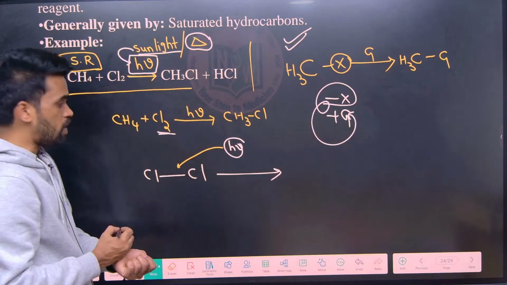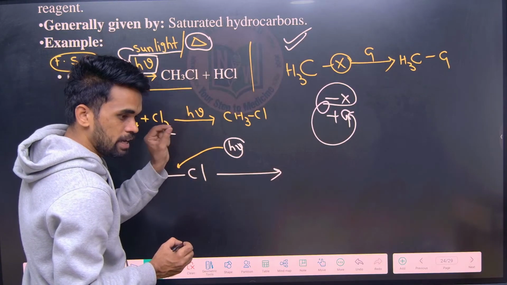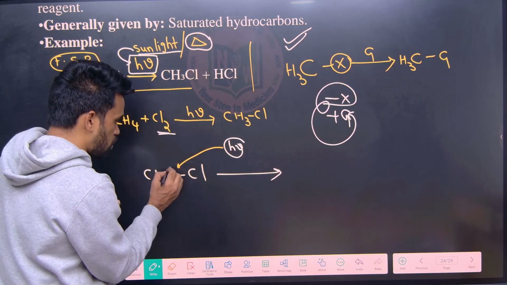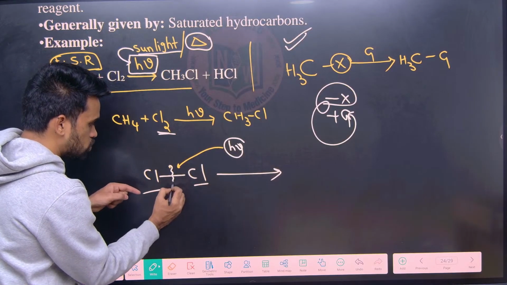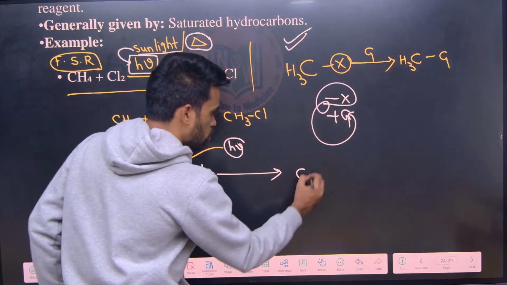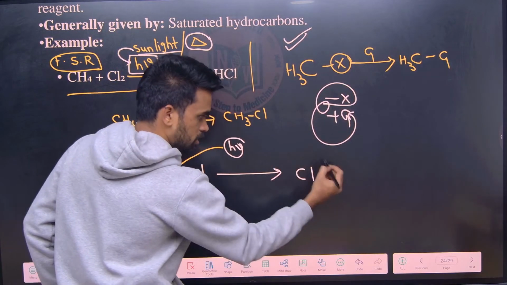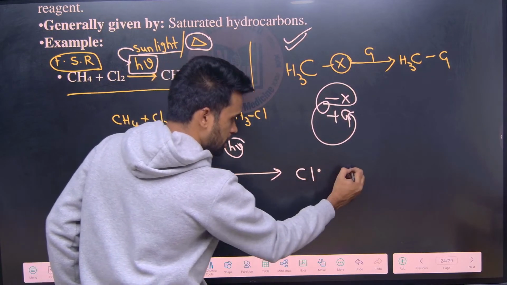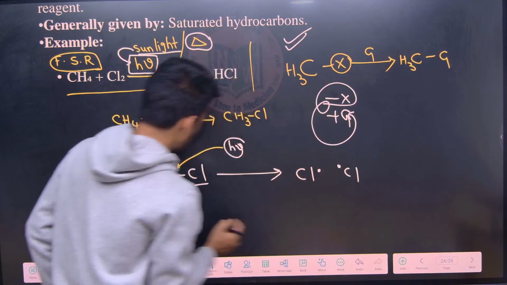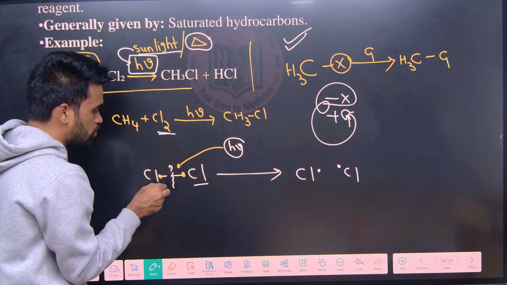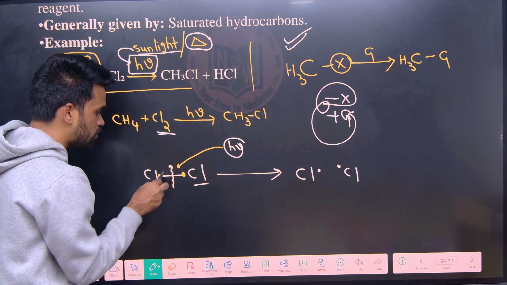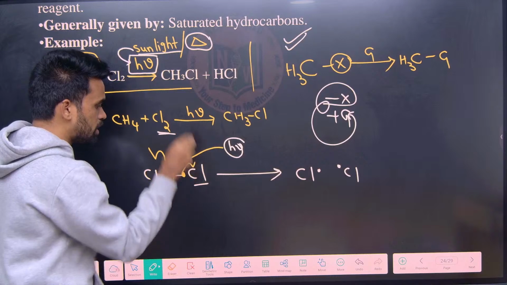If that light energy is sufficient to break this bond, then since both atoms are the same, it will break into two equal halves. So chlorine radical, and chlorine with one more dot. What does this dot indicate? Because one bond contains two electrons, the bond is cleaving into two equal halves, which will be represented like this.